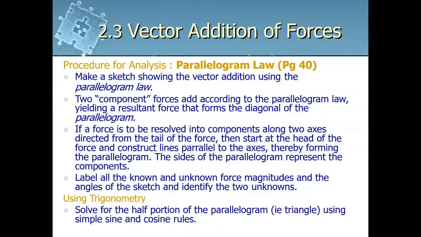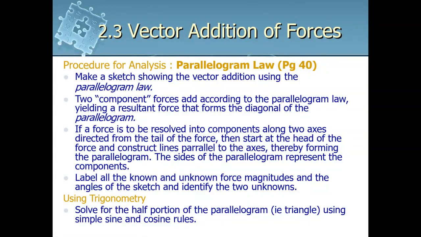So this is being summarized from page 40 of your textbook. These are the steps. 1, 2, 3, 4 steps here. The first one, you do need to sketch showing the vectors which are being added together. The second is the two components are added according to the parallelogram law, and you decide which force is being resolved into the two components.